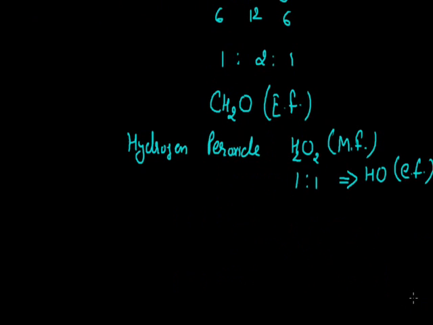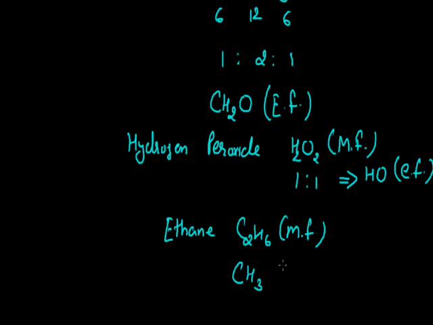Same as if I talk about the molecule of ethane, then ethane has the molecular formula C2H6. If I take the simplest ratio of these two, the formula will be CH3. And this CH3 can be termed as the empirical formula of this compound. So that is about the definition of these two. Now here we can see, if I am to give the relationship between the molecular formula and empirical formula.